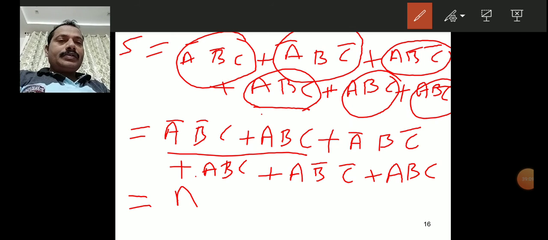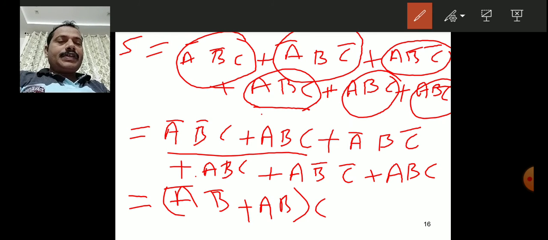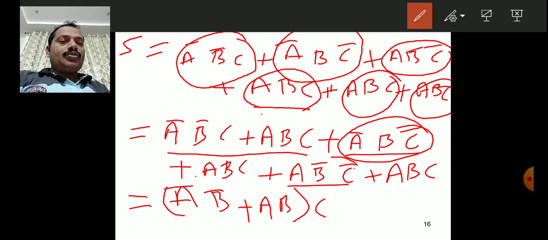Let us take common C, then A bar B bar plus A B, C common, and similarly out of these two terms. So this additional writing is not necessary. For the carry purpose we have to write.